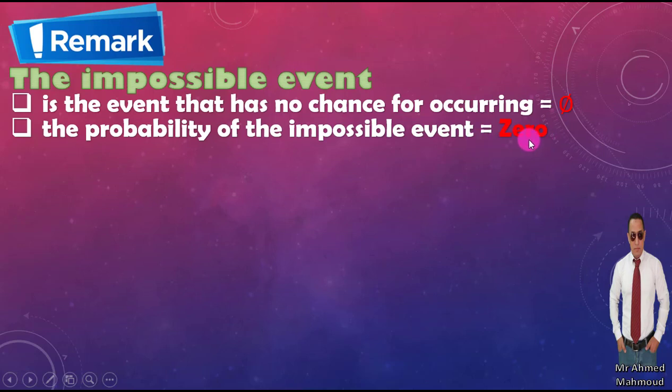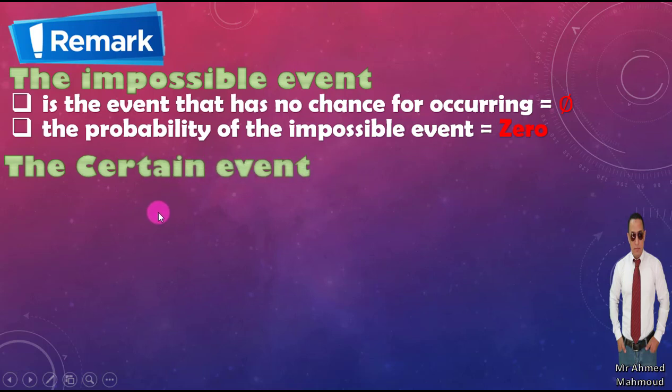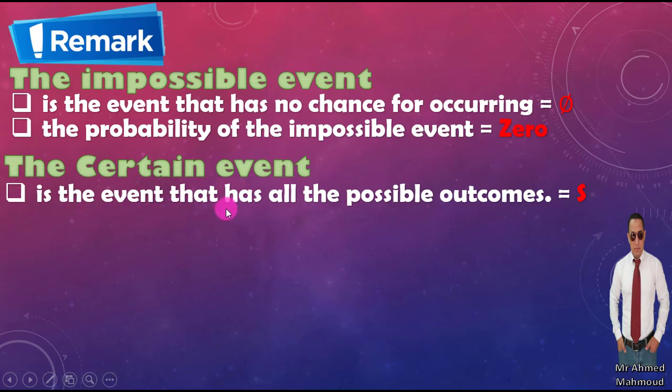The probability of the impossible event equals 0. He will ask you about the probability. Okay, now the certain or sure event. The certain or sure event is the event that holds all possible outcomes. For example, last time the event E was numbers less than 7, which was 1, 2, 3, 4, 5, 6.